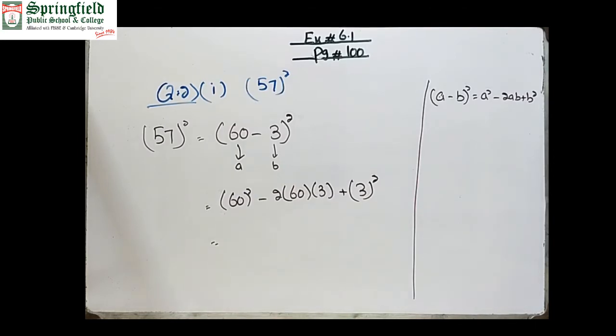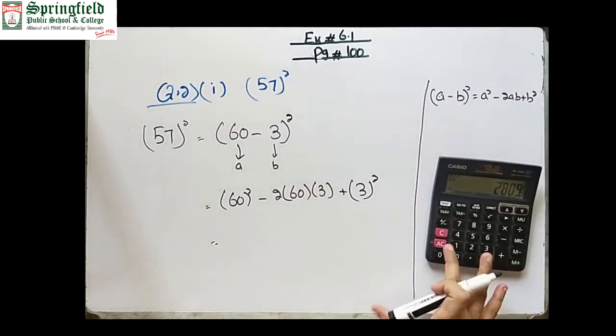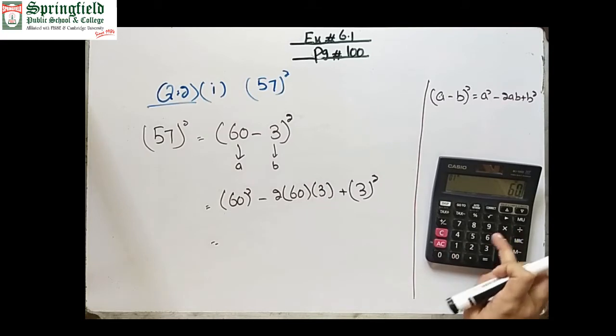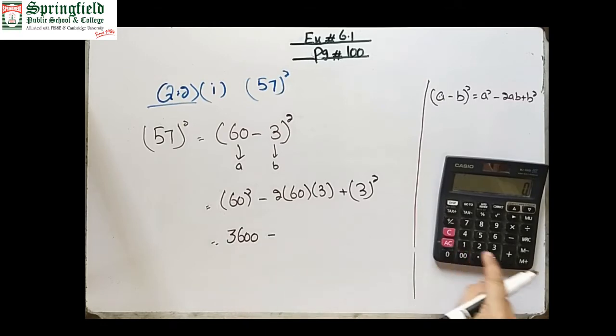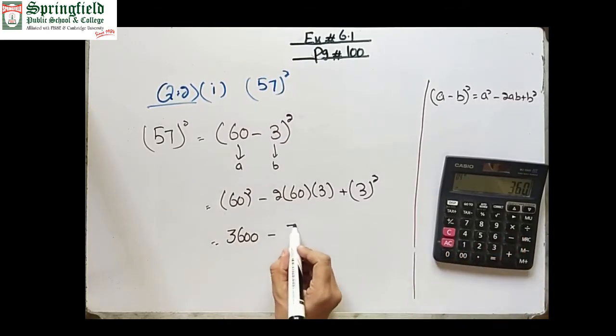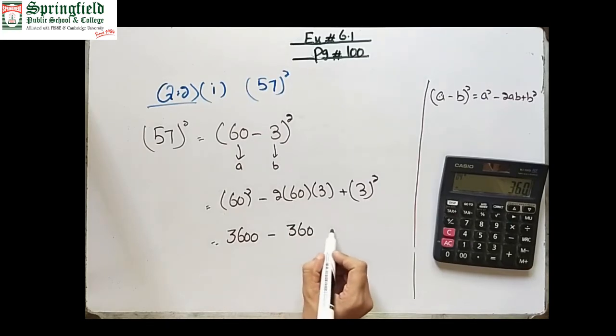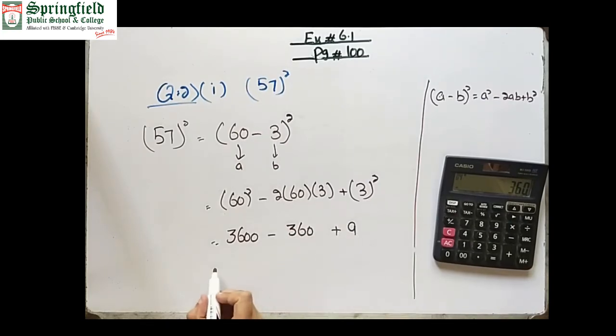Now 60 square, 60 multiply with 60, 3600, minus 2 multiply 3 multiply 60, 360, plus 3 3s are 9. So 3600 minus 360. What will be the answer? 3600 minus 360.